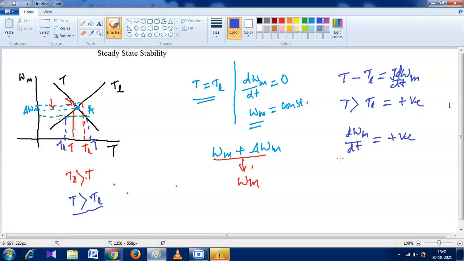So the speed will increase at that time, and then the motor load system is going back to which point? Equilibrium operating point. So now tell me, is the A point a stable equilibrium or not? Stable equilibrium. So we can say A is a stable equilibrium.